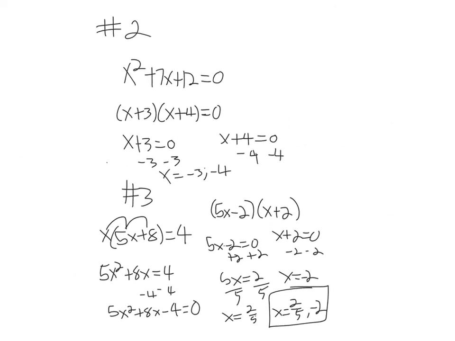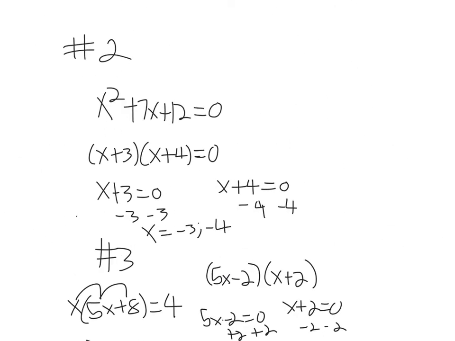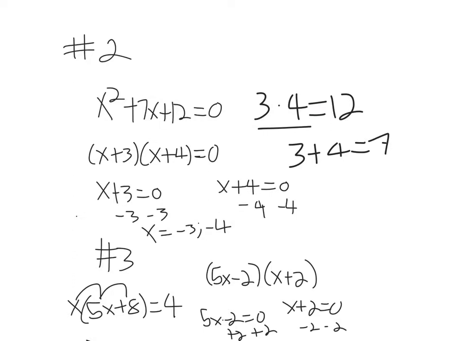Now for the second problem here, we have x squared plus 7x plus 12 equals 0. So the first thing you need to do is find two numbers that multiply to equal 12. So when doing that, it'd be 3 times 4 equals 12. And these two numbers also add up to be 7, which is the middle number.